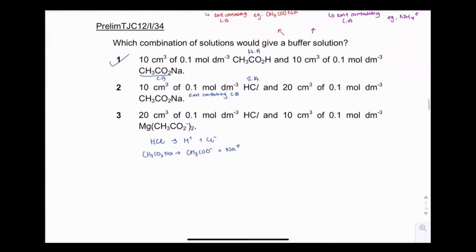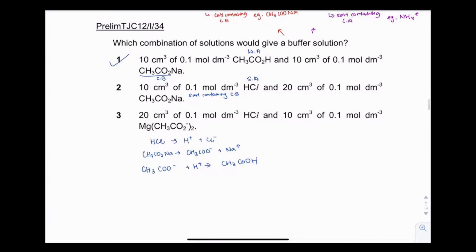So then, is there a possibility that there could be a reaction between CH3COO- plus H+ to give you the weak acid, ethanoic acid? Okay, so there is this likelihood. Agree? So then let's see whether we have both components, the weak acid as well as the salt containing conjugate base. To do that, I'll need to write out an equation.